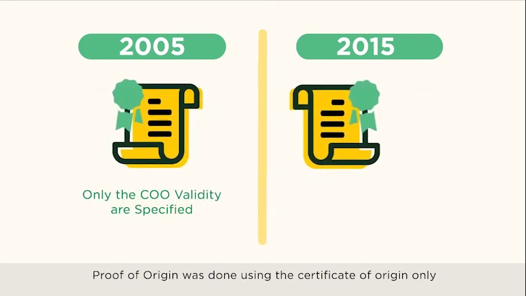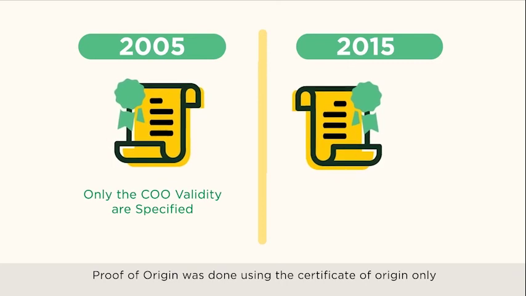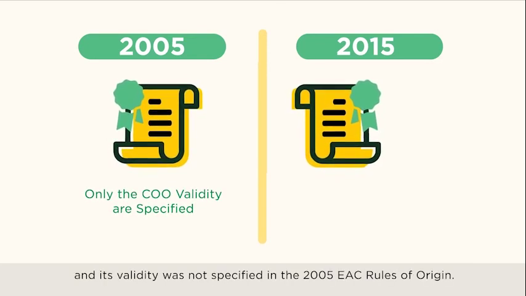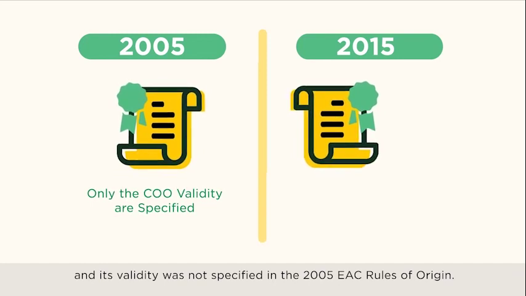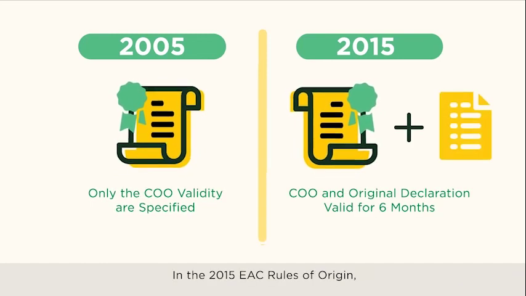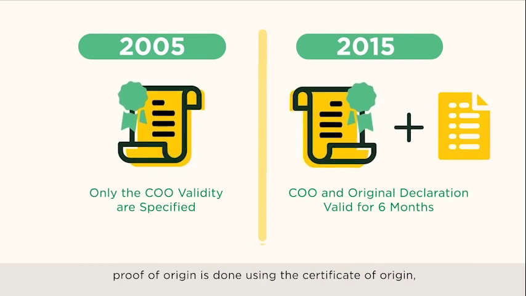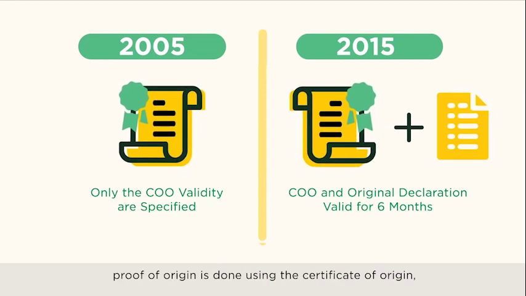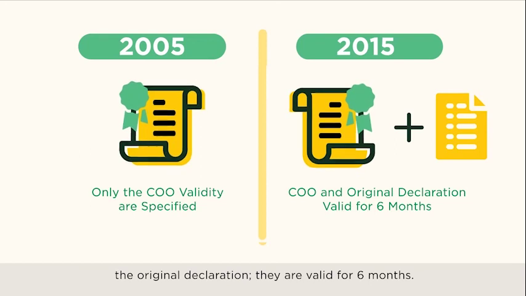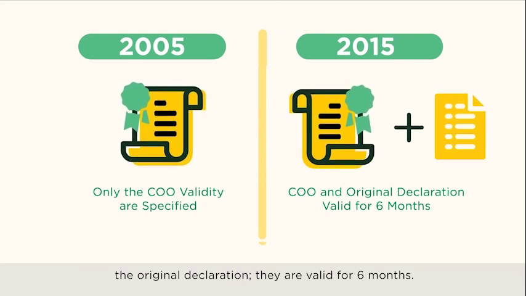Proof of origin was done using the Certificate of Origin only, and its validity was not specified in the 2005 EAC Rules of Origin. In the 2015 EAC Rules of Origin, proof of origin is done using the Certificate of Origin or the origin declaration. They are valid for 6 months.